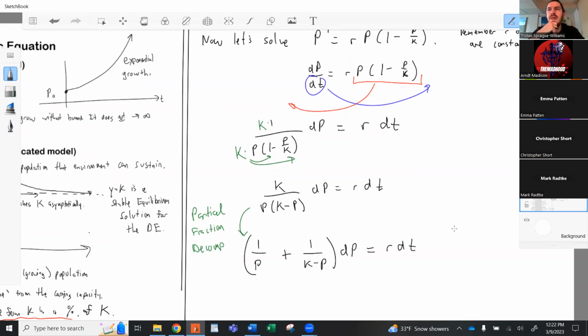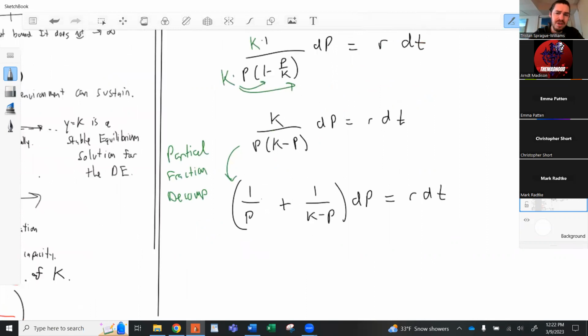Okay, it's a pretty simple partial fraction decomposition. That's why I'm not going through the details, but I just wanted to name drop that particular technique we learned earlier in the semester, because that is what you can use here to split that into 2 fractions.